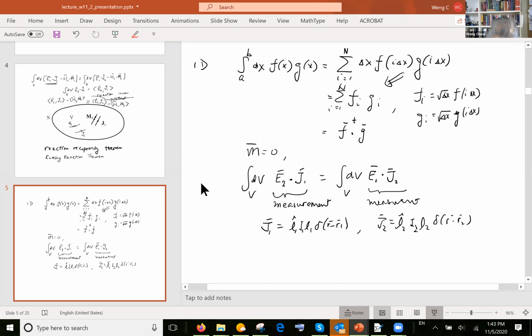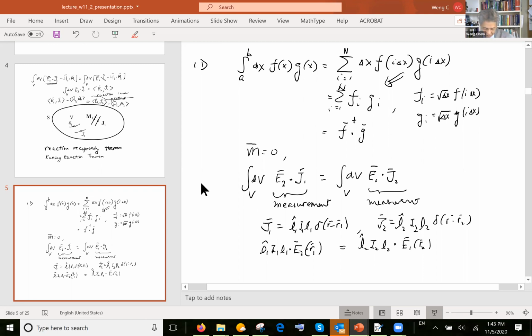So if you assume Hertzian dipoles in this experiment, then the first expression becomes I1 L1 l1 hat dot E2 with r being evaluated at r1, and there's a dot product over here. So if you plug this in, the left-hand side will evaluate to that, and then the right-hand side will evaluate to something like I2 L2 l2 hat dot E1(r2).